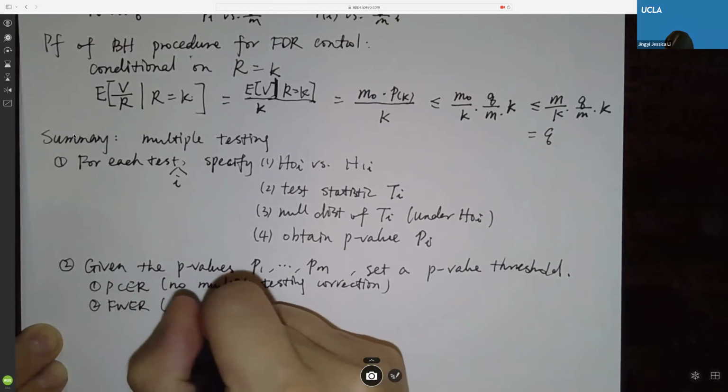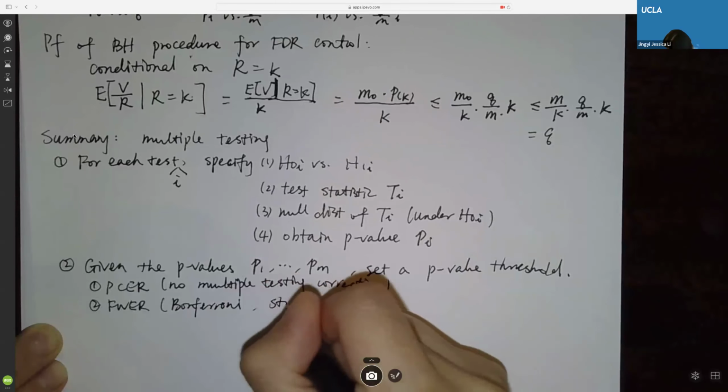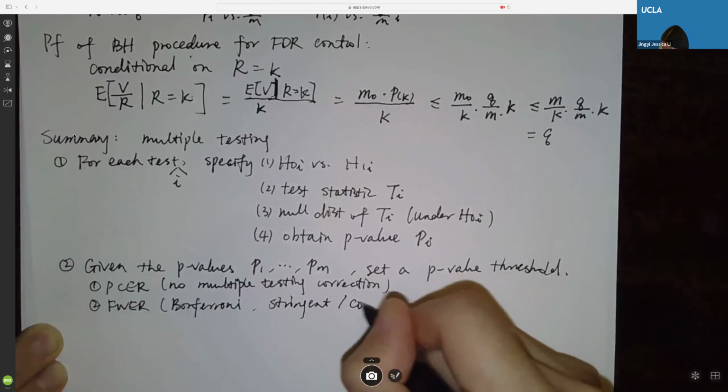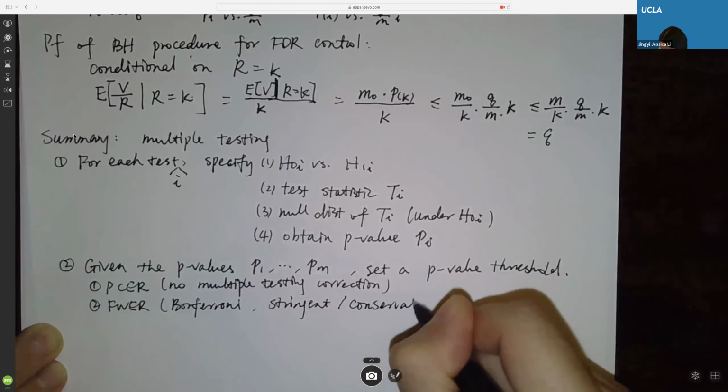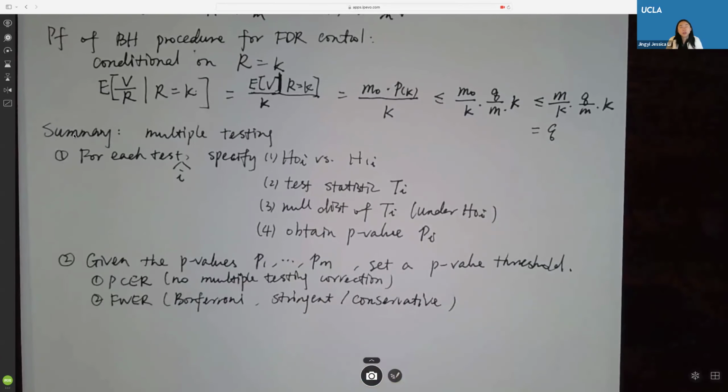This is the Bonferroni. And this is very stringent. And some people may say this is conservative. So in the statistical test scenario, when we say conservative, we mean that we are less likely to make rejections, or we stay with the null hypothesis, we don't reject it, and that is considered conservative because only rejecting the null hypothesis is considered to make a discovery.